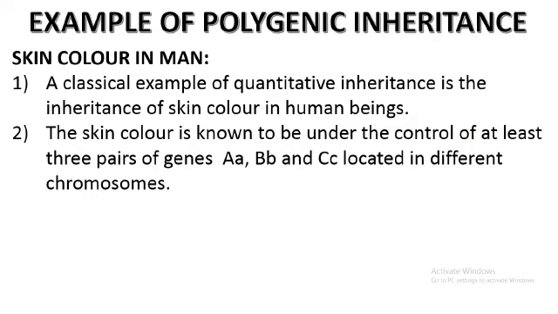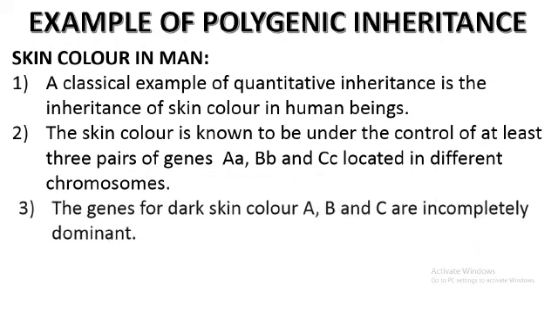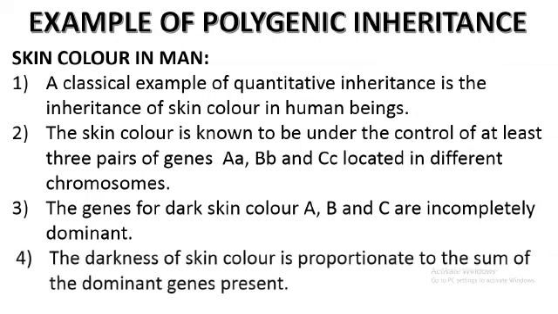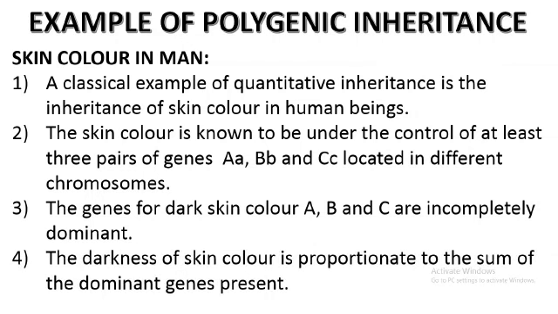Whatever it might be, more than two genes control skin pigmentation in human beings. Usually a person with very dark skin color will have A, B and C totally dominant, that is, all in homozygous condition. The darkness of the skin color is proportionate to the sum of the dominant genes present.